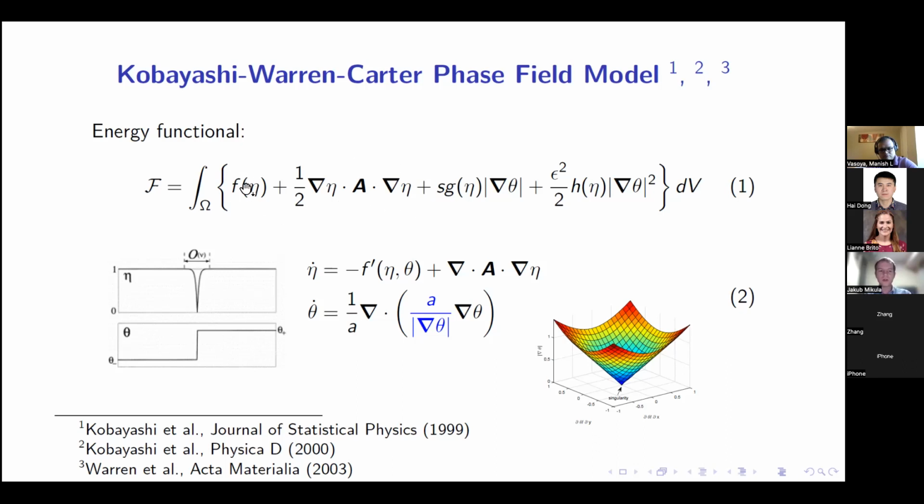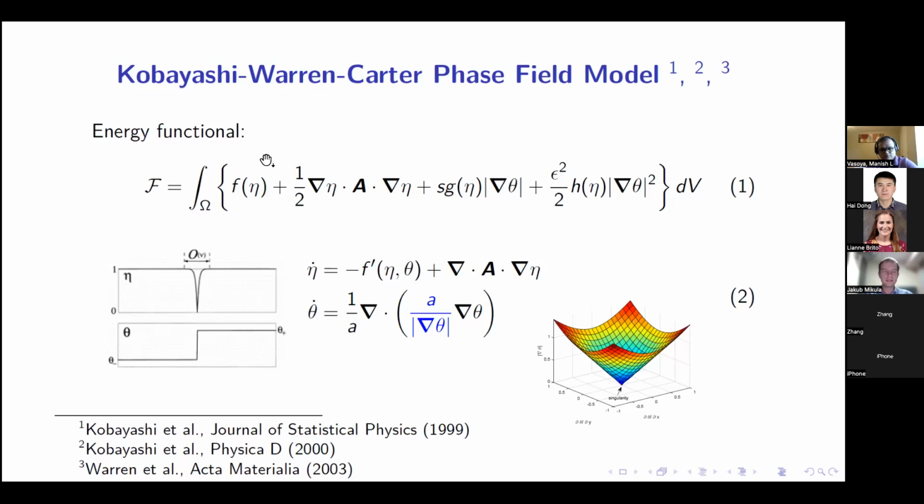In order for us to model grain boundaries, there are 2 families of phase field models that we could use. The first one was proposed by LQ Chen and coworkers, where you assume each grain orientation as a separate phase. So we introduce as many order parameters as you have grain orientations. That's sort of a disadvantage of that model. Eventually, you have to solve a lot of equations simultaneously.